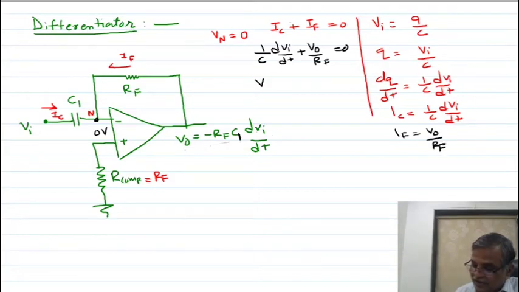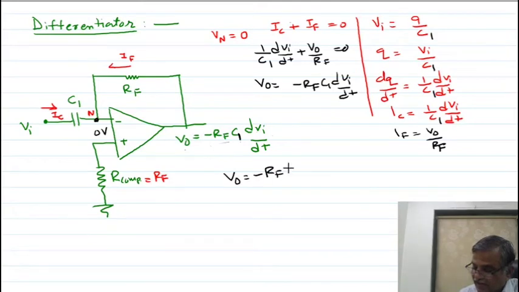So I can write Vo is minus RF into C1 dVi by dt. I have taken C1, so I should write C1 here, not C. So my equation of the output voltage is minus RF C1 dVi by dt.